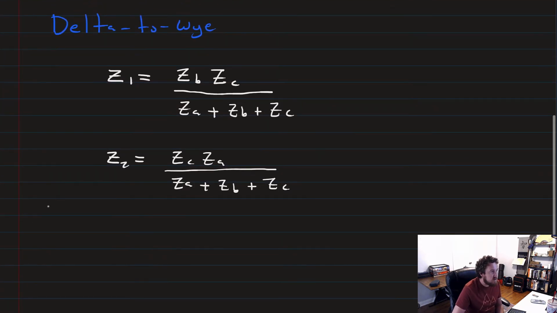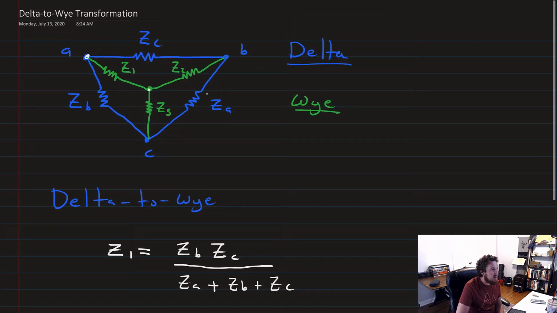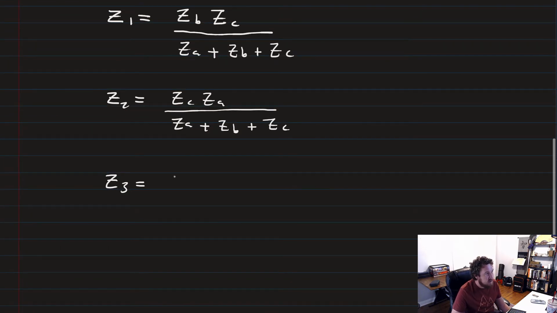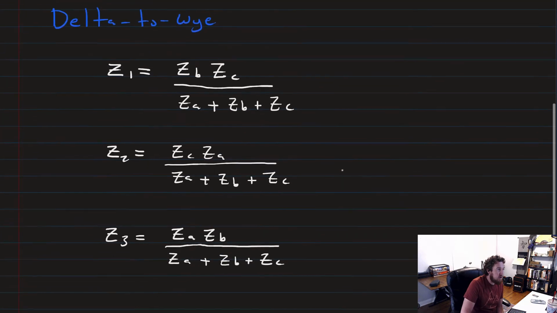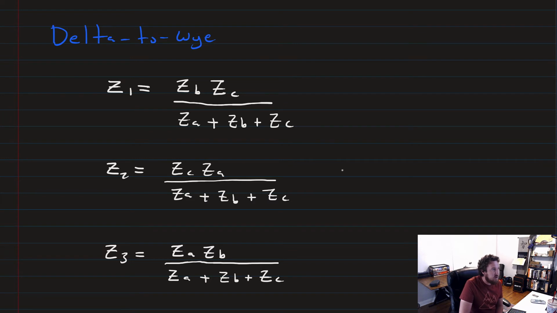And then finally, Z3 is connected by A and B, so that's going to be ZA times ZB, and again, it's over the sum of all the impedances, ZA plus ZB plus ZC. So there we go. There are our three very simple equations for our delta to Y transformation.